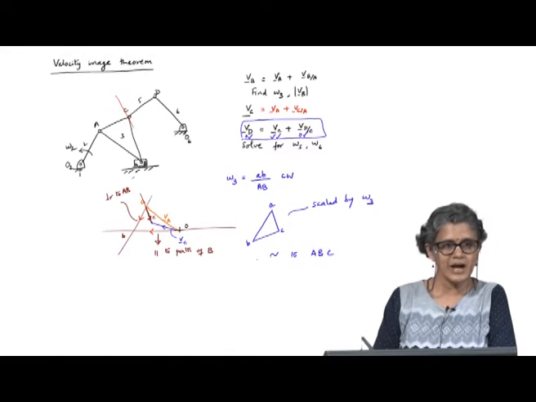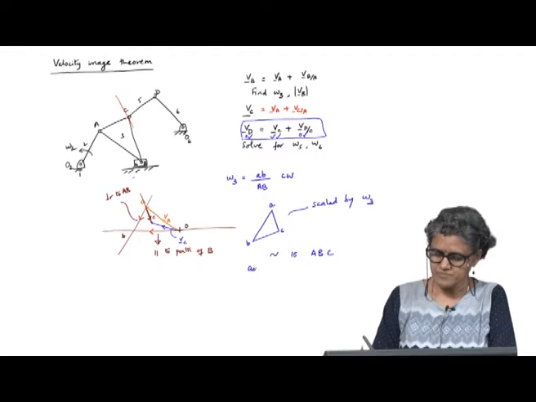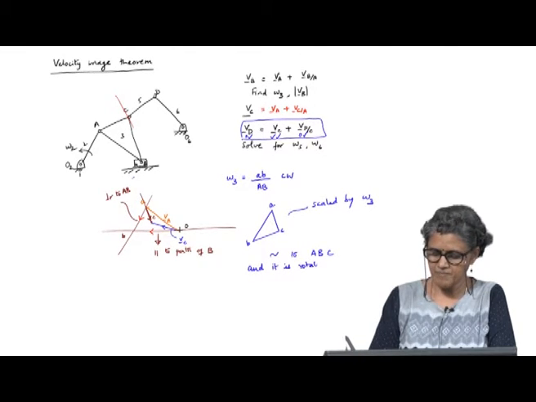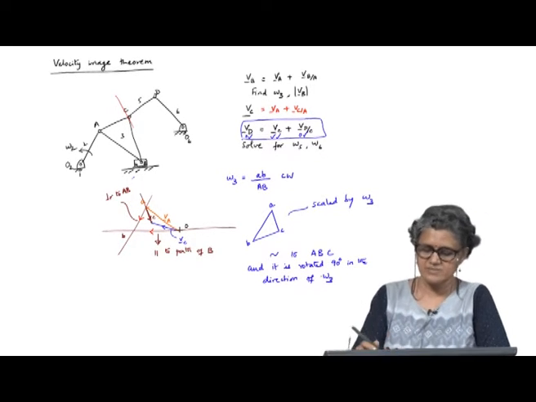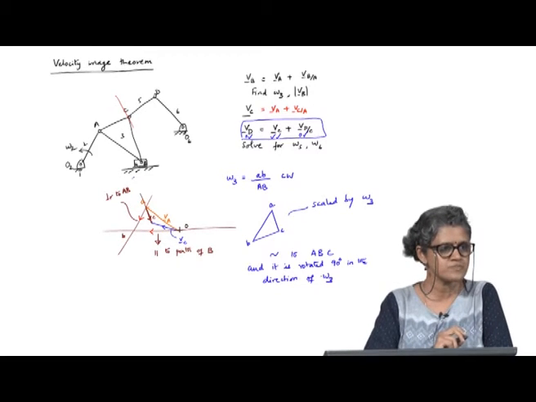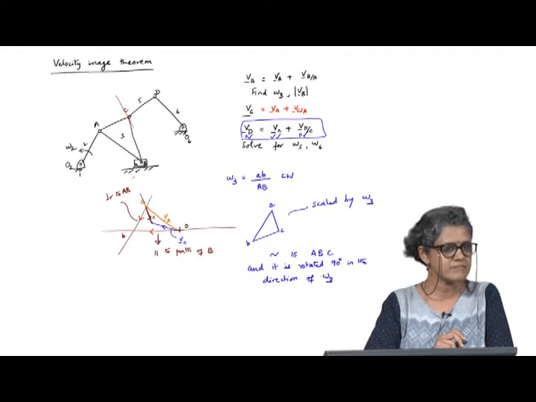and it is rotated how? And it is rotated 90 degrees in the direction of omega 3 in this case, because all these points belong to link 3. Okay.